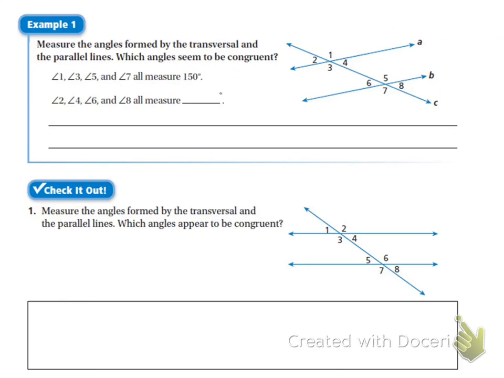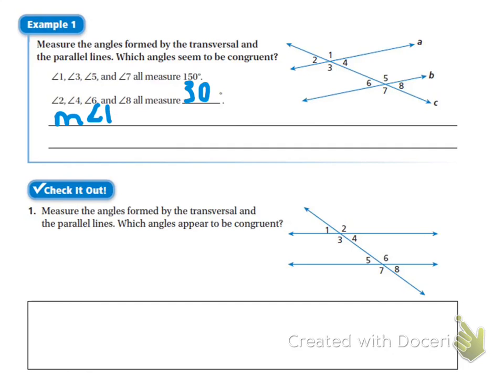Example 1. So we're going to measure the angles formed by the transversal and the parallel lines, which angles seem to be congruent. So if angle 1, 3, 5, and 7 all measure 150, angle 2, 4, 6, and 8 all measure 30 degrees. That is correct. So then we need to say which ones are congruent.